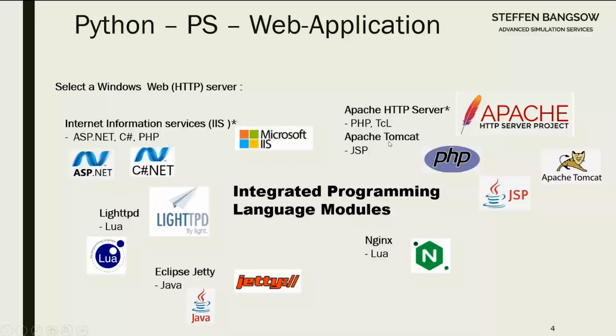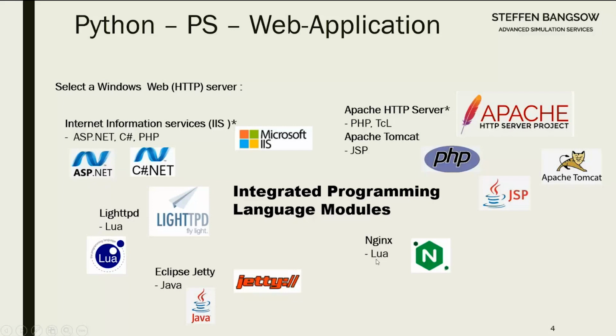And there is one project in this Apache server, Apache Tomcat, and there you have Java Server Pages, JSP, as the first programming language. And then we have the newer ones, with languages like Lua, Java for the Eclipse Jetty server, and also for Nginx, Lua as programming language.